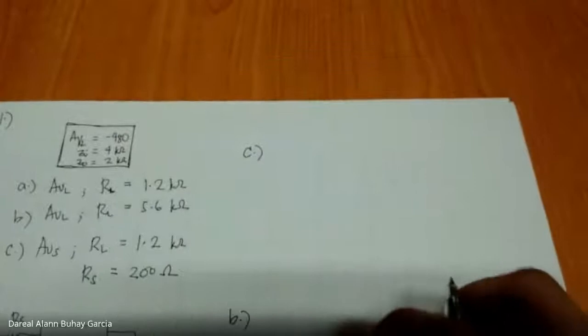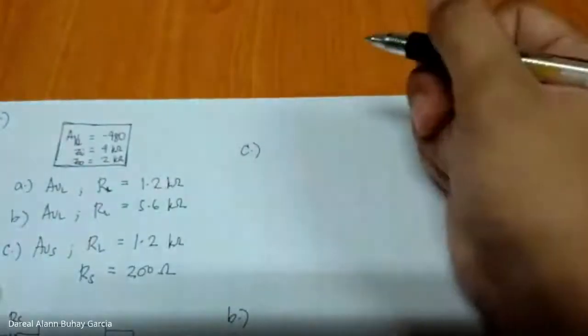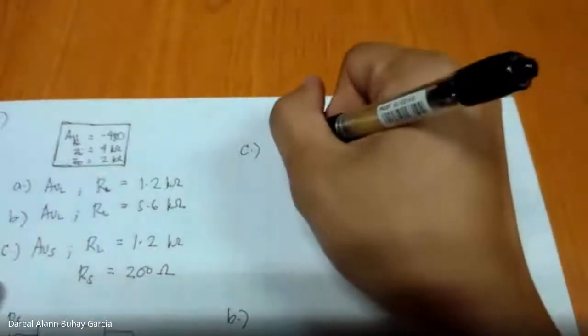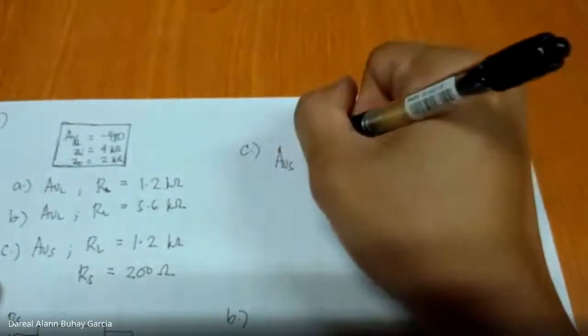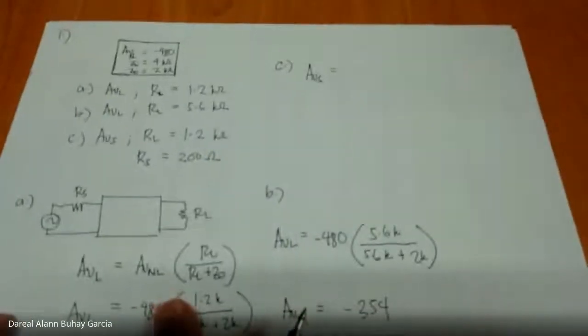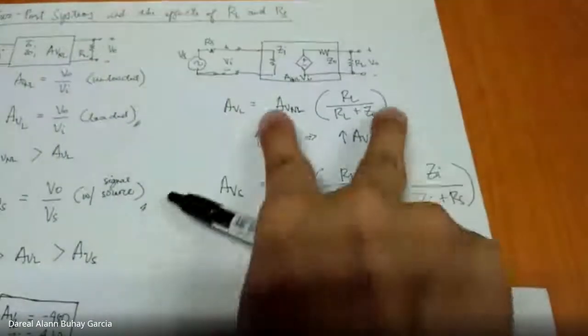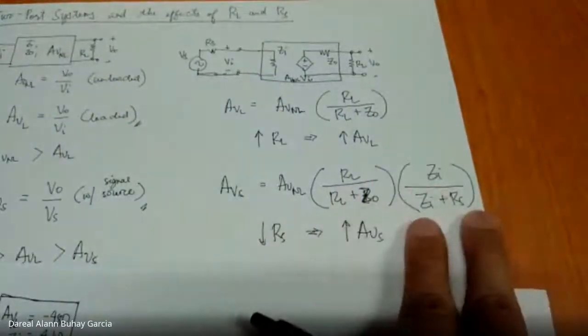How about for C? This is the overall gain with the effects of RL and RS. So AVS is equal to AVL times ZI over ZI plus RS.